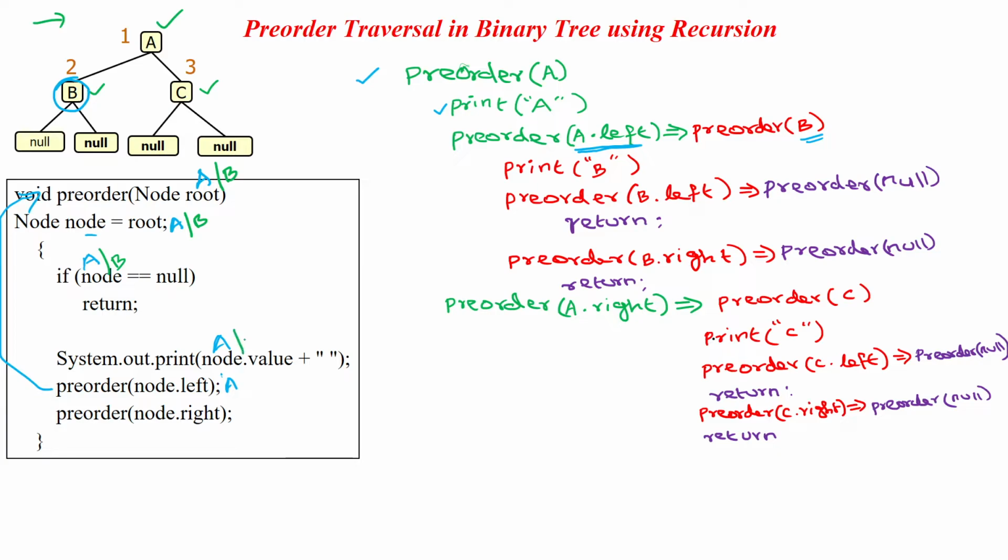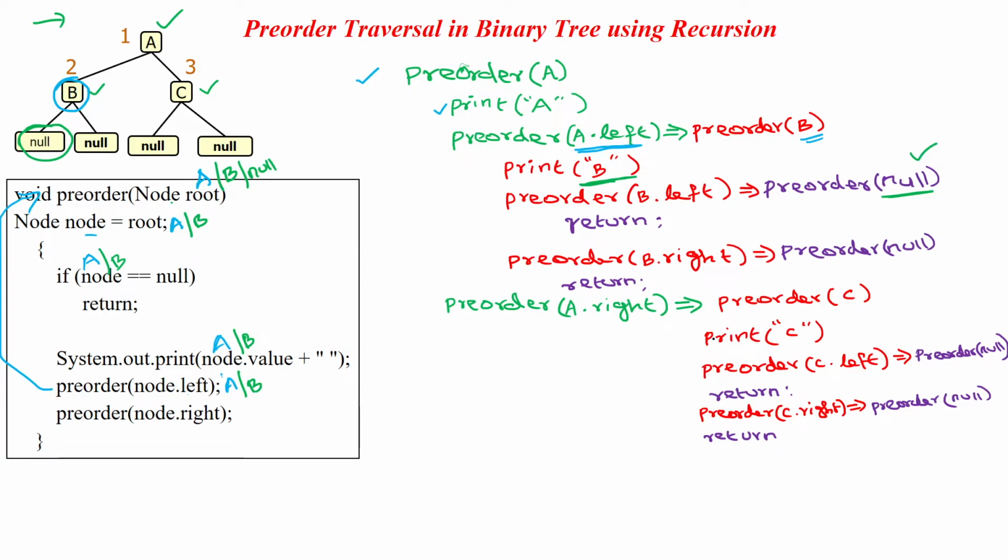Then it will print the node dot value, which is B. Once B is printed, we have to call B dot left. B dot left is null, so preorder of B dot left is called with null.